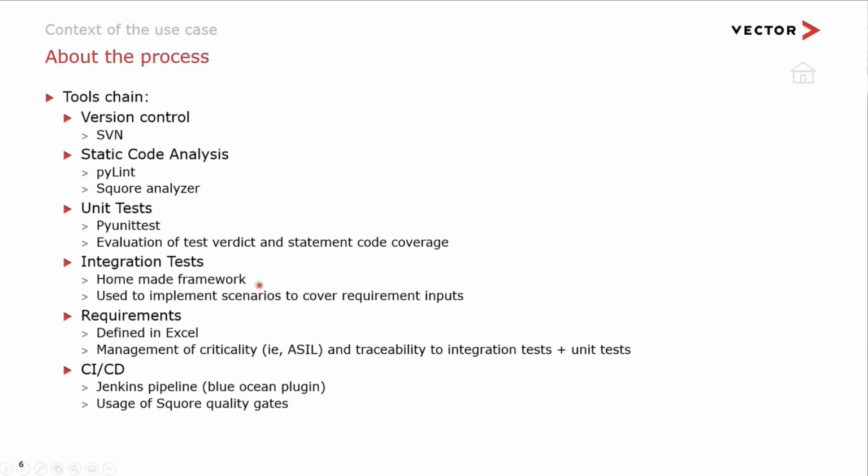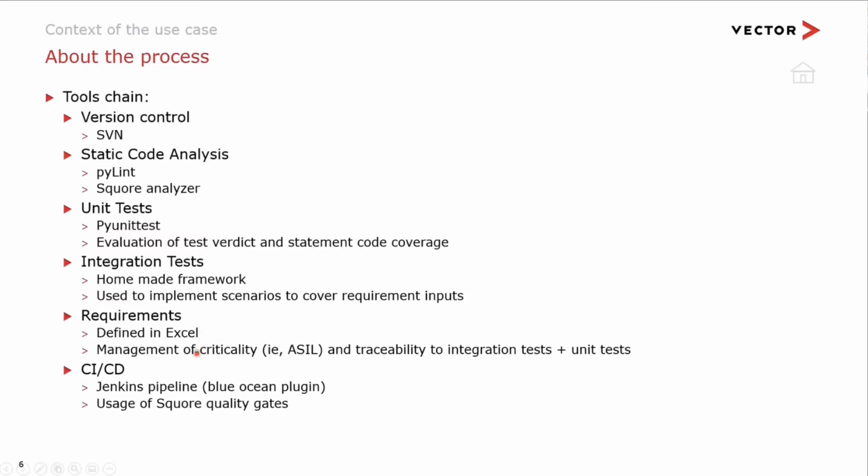We use a homemade framework for the integration test, and this framework allows us to create scenarios that cover the requirement inputs. And these requirements are defined in Excel, so it's not a perfect tool for requirements, but it's very flexible and largely enough for the needs of this small project.